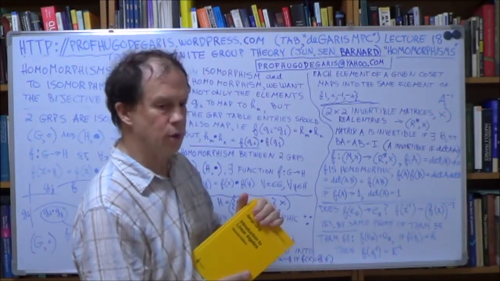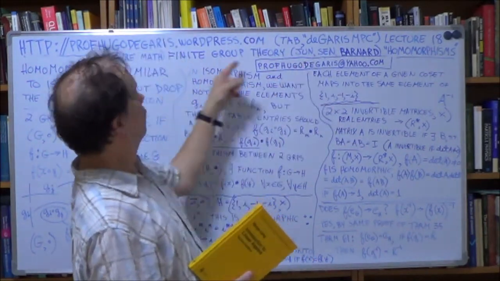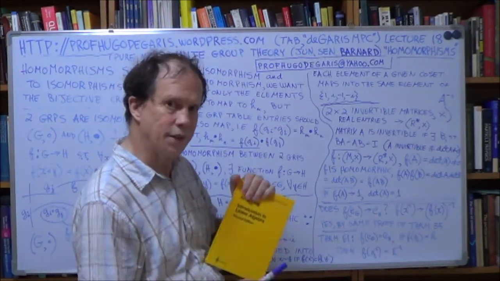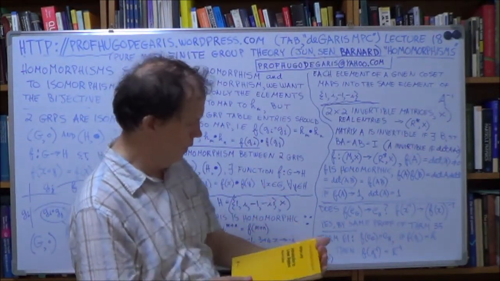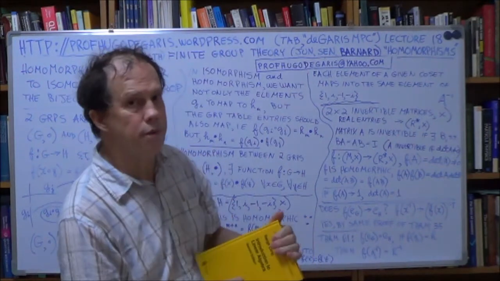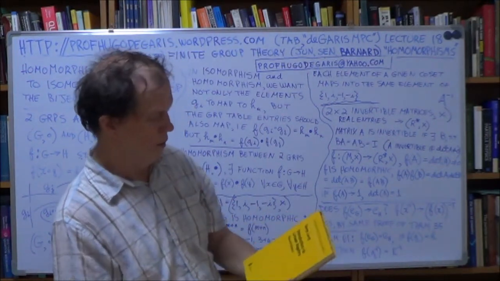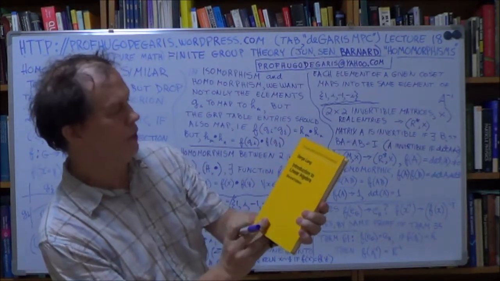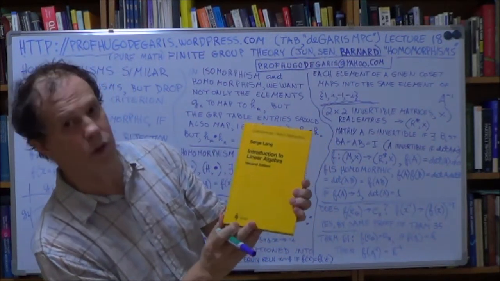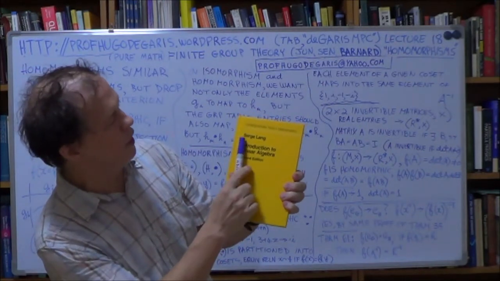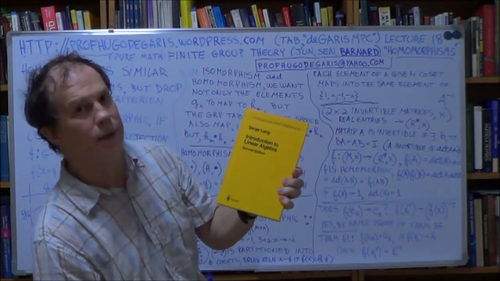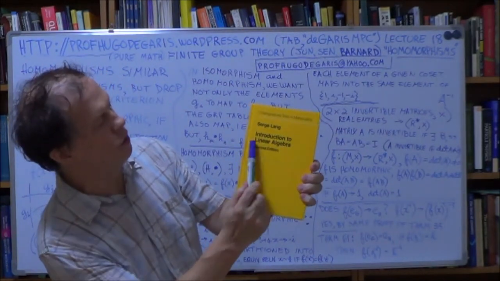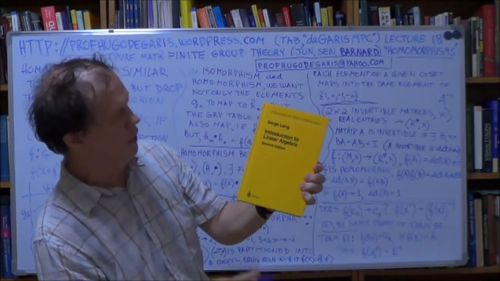This finite group theory is the very first of those undergrad level courses, and another one is linear algebra. Here's the textbook that I'll be using when I come to do it in several months, I guess. The author, there's only one author this time, is Serge Lang, a famous name in mathematics. The title is Introduction to Linear Algebra, second edition.